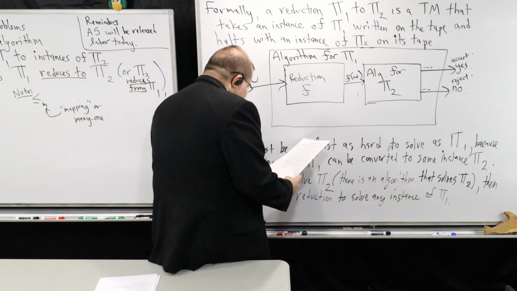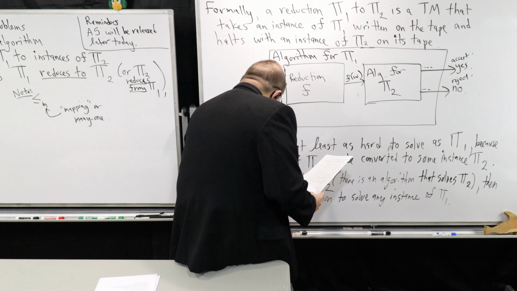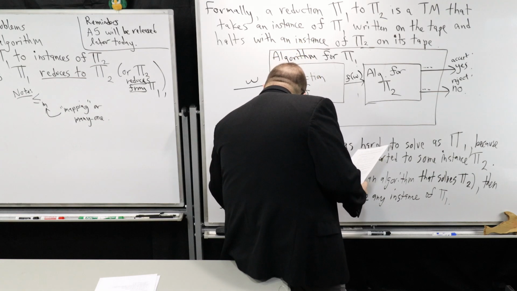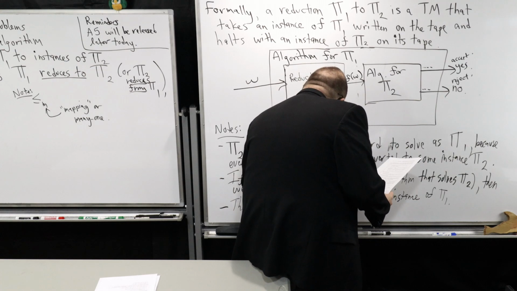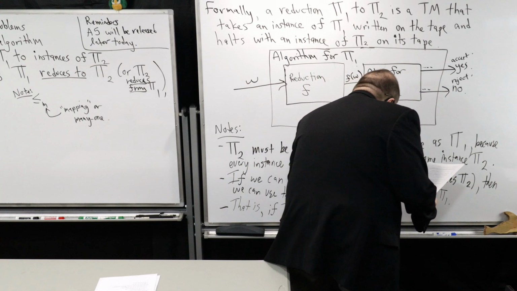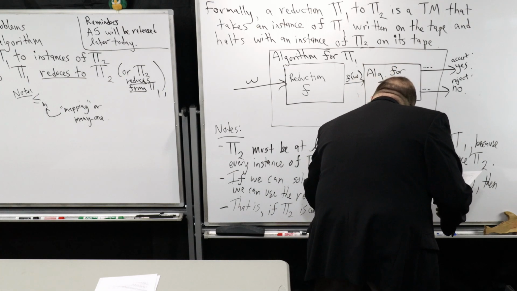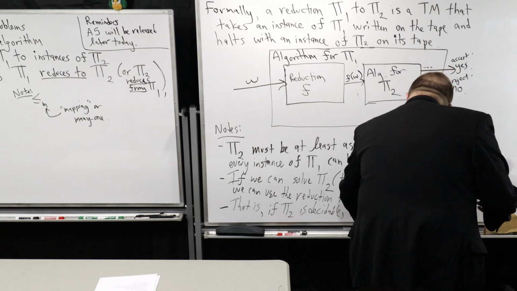So this is the first thing I really want to point out. That is, if pi 2 is decidable, then pi 1 is decidable.